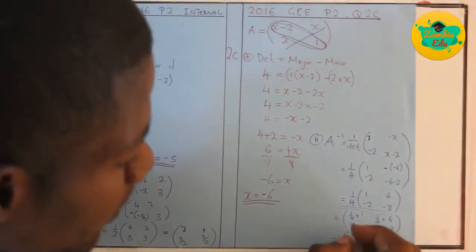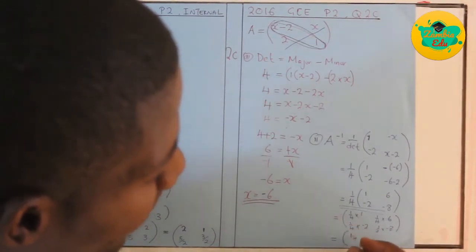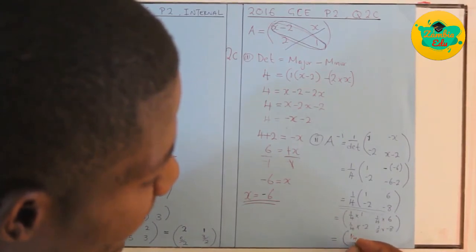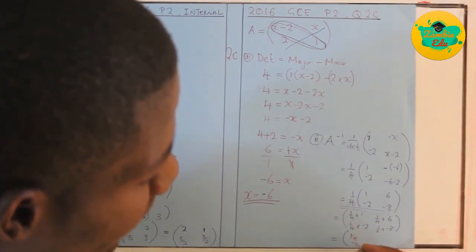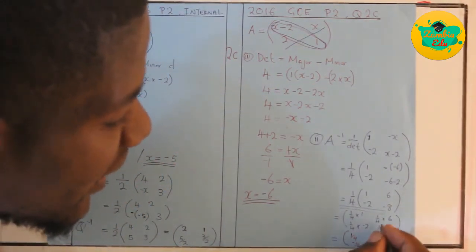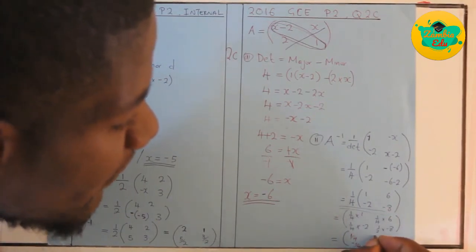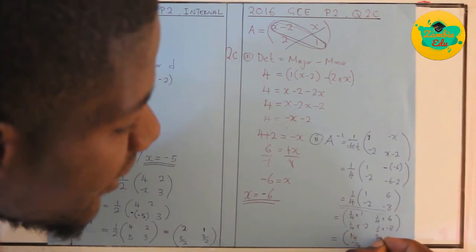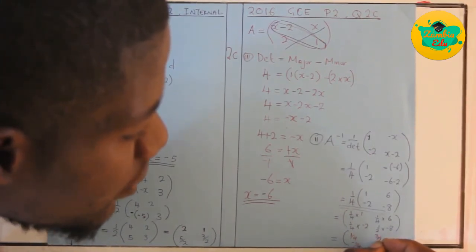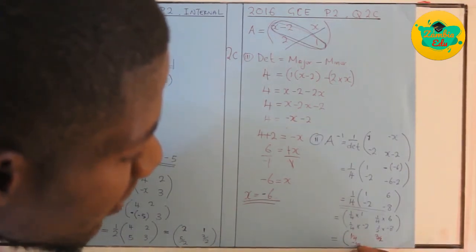to be 1 over 4 and negative 1 over 4. Then there we get a 3 over 2. Pardon me, on this one, this should be a 1 over 2.